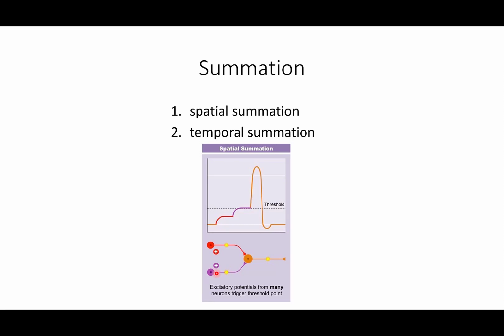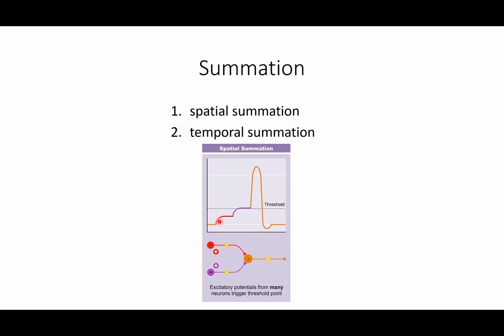So this neuron is sending an excitatory action potential. This neuron is sending an excitatory action potential. Both of those membrane potentials, when they're received as a graded potential, so those neurotransmitters bind to receptors, they change the membrane potential.